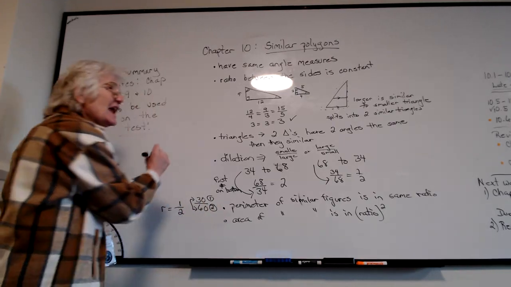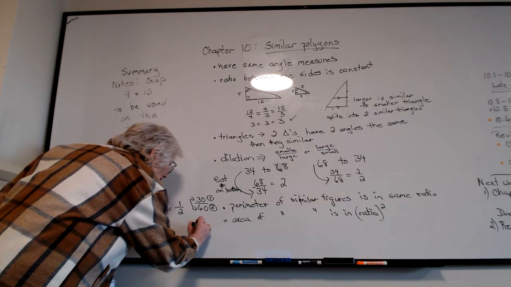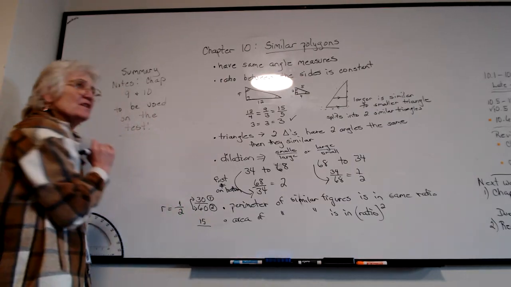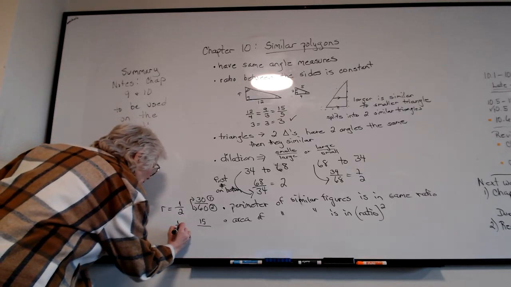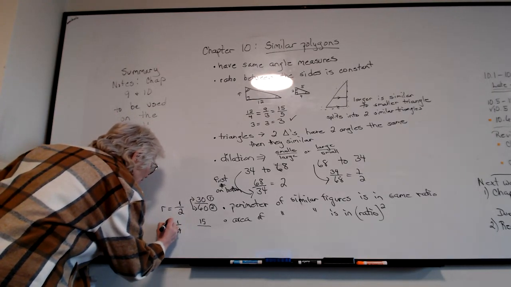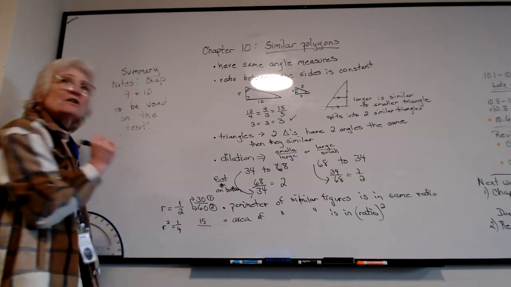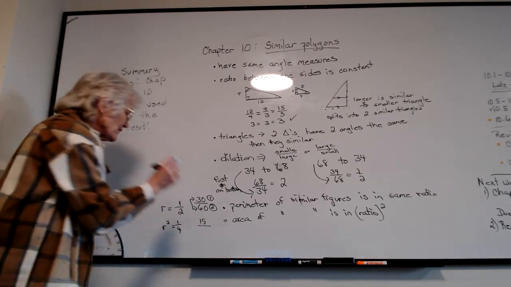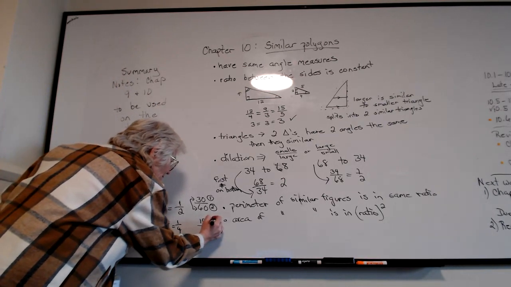But if my area is 15 here, I have to square this. So it would be 1-to-4 because r squared is 1-to-4. So I would take this times 4 to get my larger area. It would be 15 times 4, which is 60.